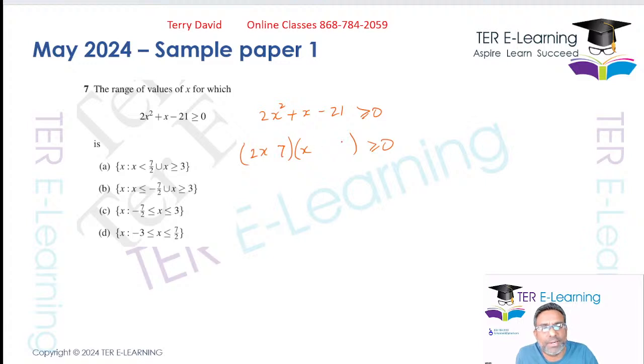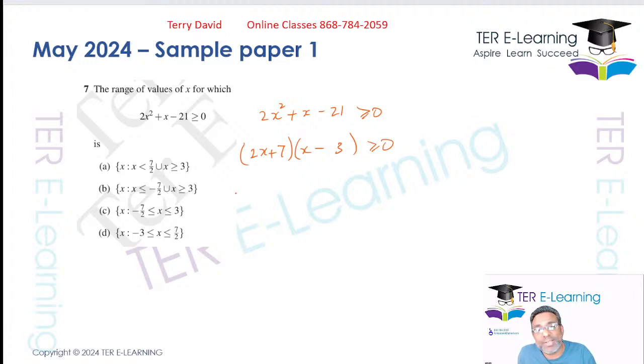I'll put 7 here and I'll put 3 here. Will that work? Minus, plus. So 2x by x will give me 2x squared. 7 by minus 3 is minus 21. Then 7x minus 6x. Okay, so we're good. So when we factorize this, we get that.